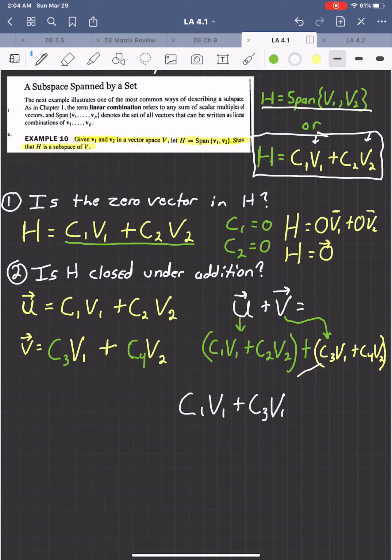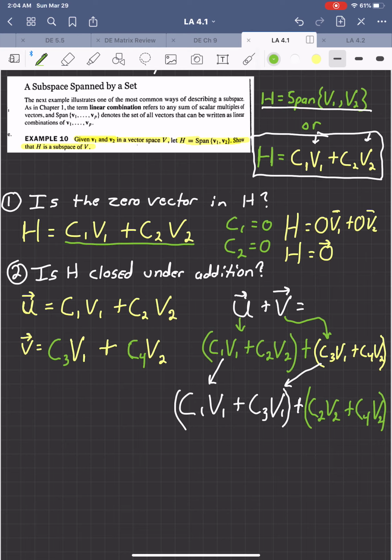I'm going to drop those parentheses and just group. Now I'm going to put the parentheses back so it's clear what I just did. Ready? And now let's do the same thing with the v sub 2s grouped together: c sub 2 times v sub 2 plus c sub 4 times v sub 2.